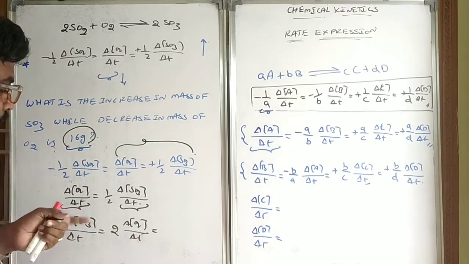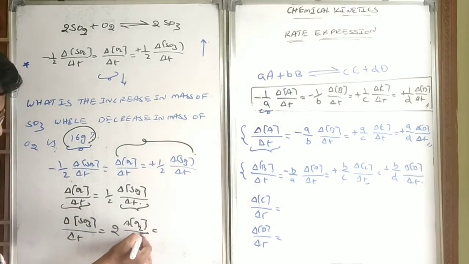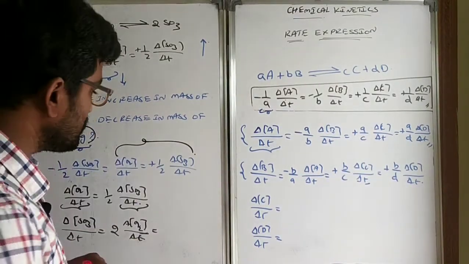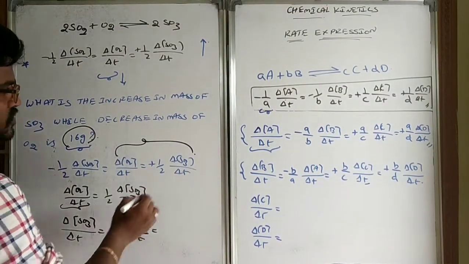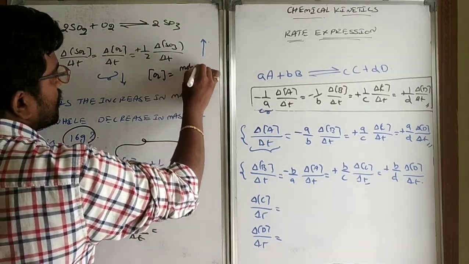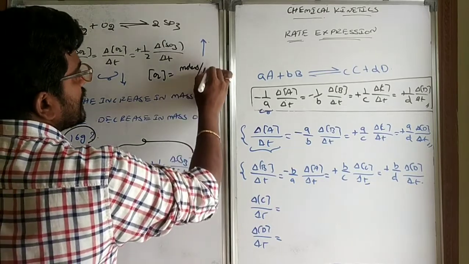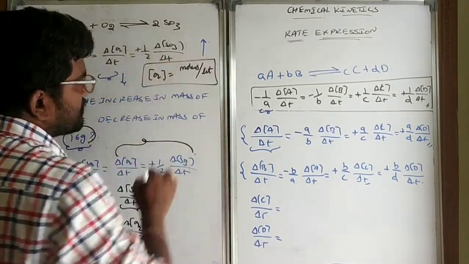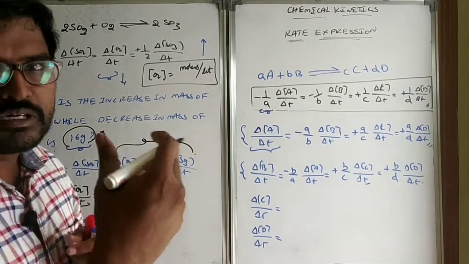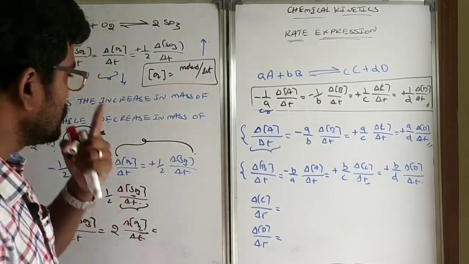So for delta O2 by delta T you will write 16 grams, but always remember this is active mass, and active mass is moles per liter. This is very important. Though they give you masses, you have to convert them into moles and then do the problem.